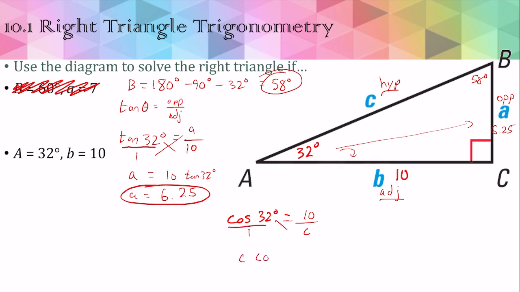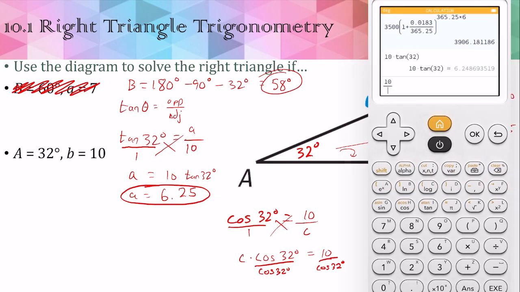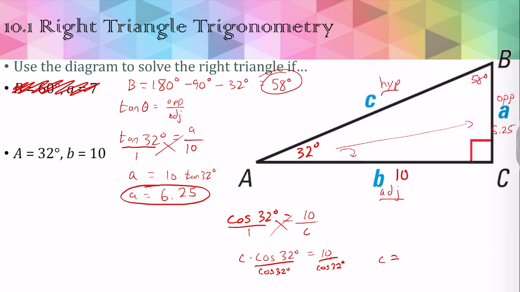I'll have C times cosine of 32 equals 10. That's C times the cosine of 32, so we'll divide by the cosine of 32. So C is 10 divided by cosine of 32, which is 11.79. And there we are.